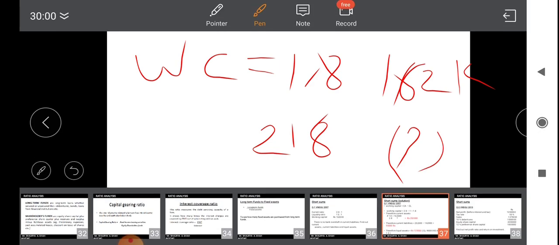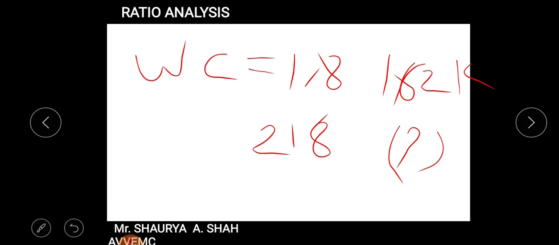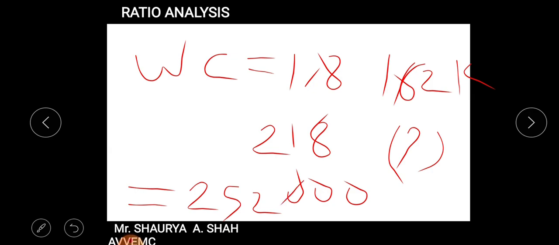As we were having the small equations that we will see in the sum, this will give you 2,52,000. That is my answer of current assets, because you all know that current assets is my 2.8. Is it clear, everyone? So that is equal to 2,52,000.